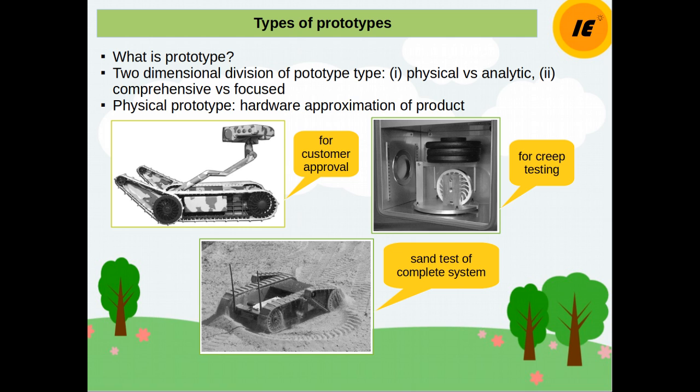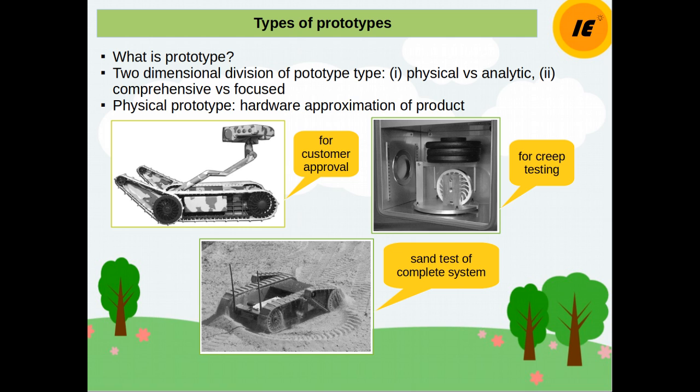Now let's see first of all what types of prototype one can see. How can you divide different types of prototype? As a word, when you hear prototype, you think okay, it's some sort of version, but it is good to have deeper or more detailed knowledge about it.